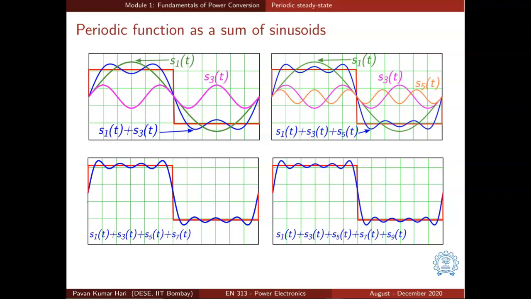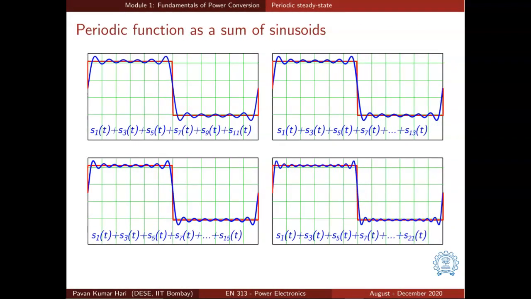Then the fourth plot shows the resultant function when 5 sinusoids are added. If you start adding more and more sinusoids at appropriate amplitudes at different frequencies, we'll see that the resultant waveform becomes more and more close to the square waveform.